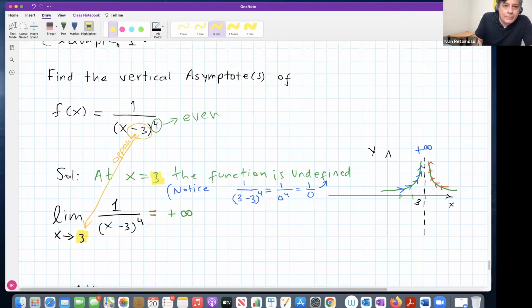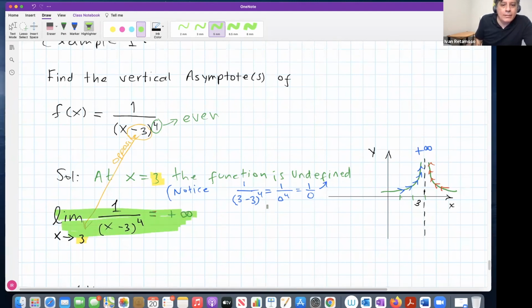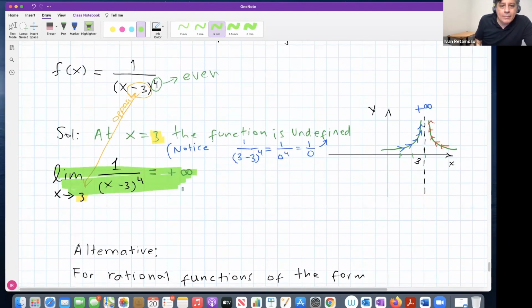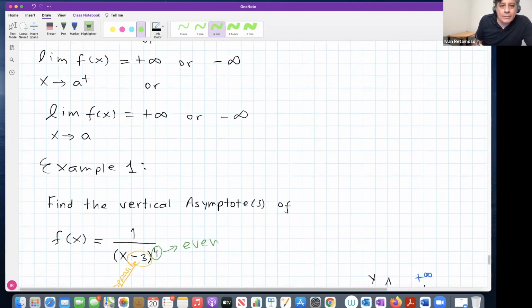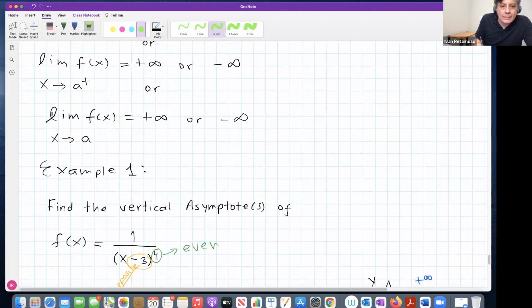Maybe I should write this in. Look, this statement is one of these 3 statements that I wrote here on the top: the limit is plus infinity as x approaches this value. As long as you fulfill one of these, you have the right to claim that it's a vertical asymptote.